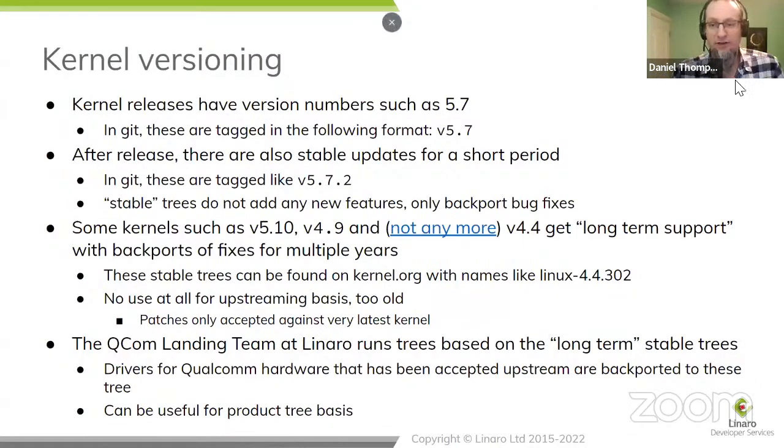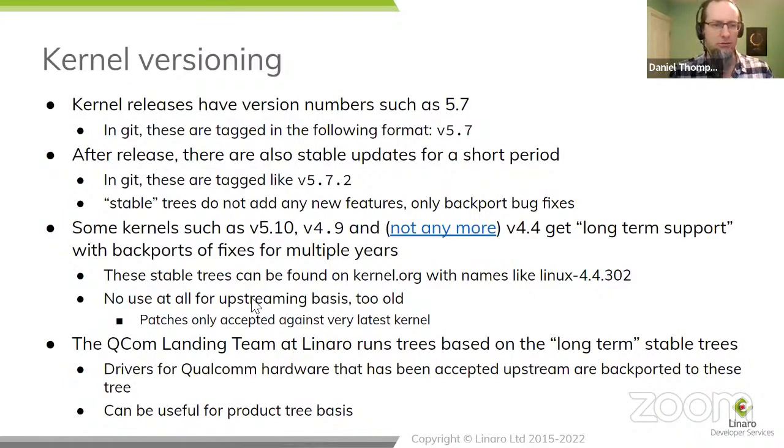So, for example, version 4.4, which is retired now, is no longer getting long-term support. It had 302 releases in its lifetime. To give you an idea of the churn, that's in a 4-year period, a release every, what, 5 days? So 302 releases, all with backported bug fixes from other mainline kernels.